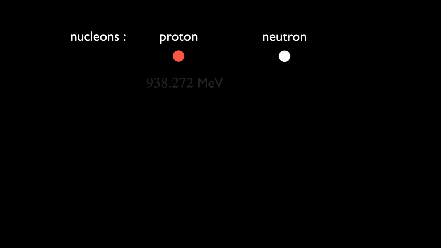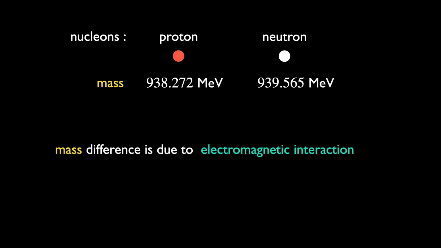Let's start with a nuclear system, the nucleons. It was recognized in the early days of quantum mechanics that the mass of the proton is very close to that of the neutron. The small difference in mass is attributed to the contribution from the electromagnetic interaction due to the proton's charge to the forces that bind the nucleons together.